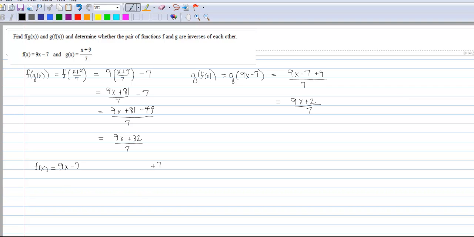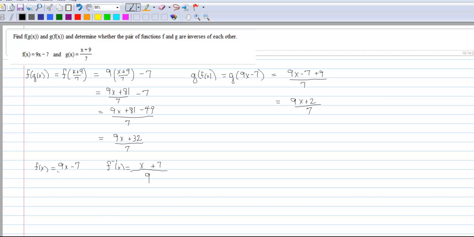The first thing you do to it is multiply by 9. So the last thing I want to do to it is divide by 9. So 9x minus 7 would have an inverse that's x plus 7 divided by 9. I'm going to mark it with the inverse symbol.